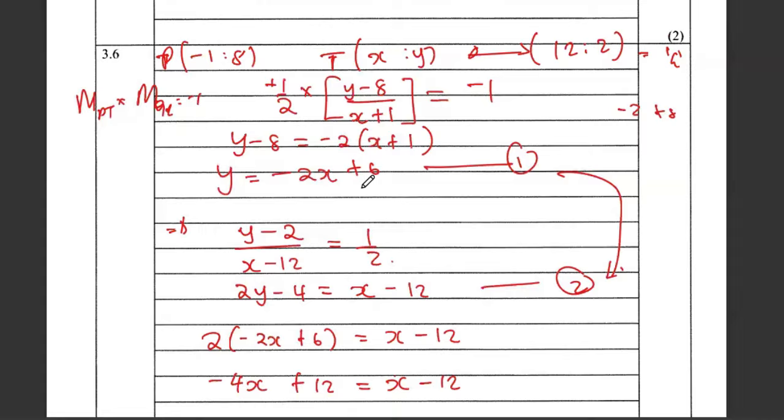Let me just erase this part. Okay, let's leave it at that. Let me try to make x the subject, meaning that x is going to be 2y plus 8. And then if I try to do the substitution, there's something I did wrong up here.